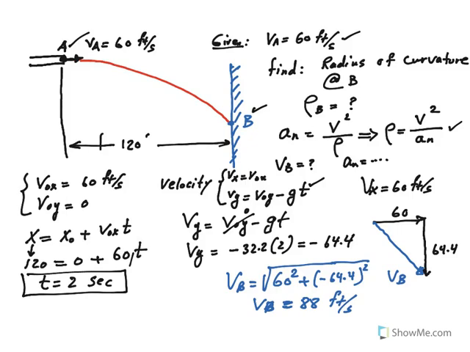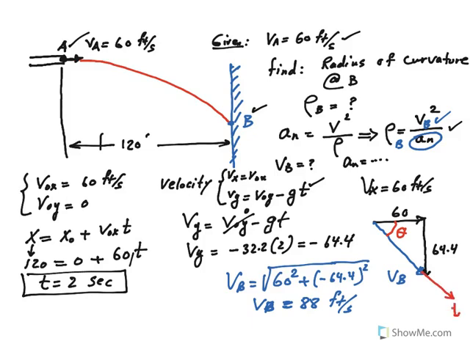So we are halfway done. We already got the velocity at B. Now the question is, how do we find the normal acceleration? That is determined based on this angle. What determines the tangential axis is always velocity.